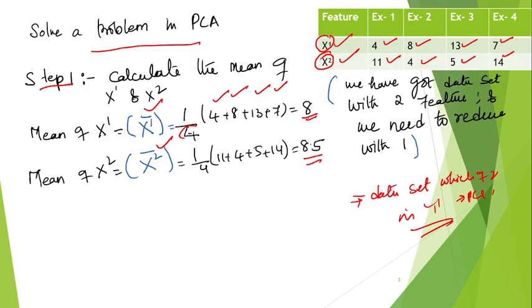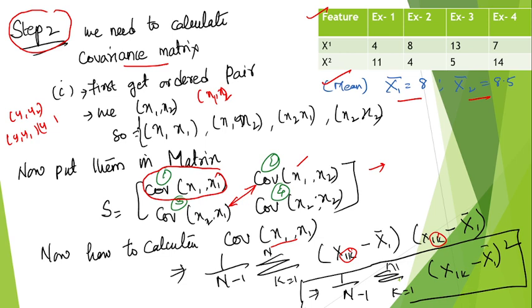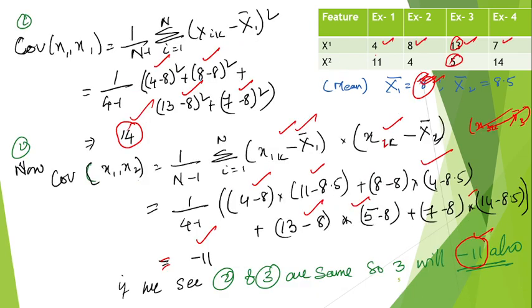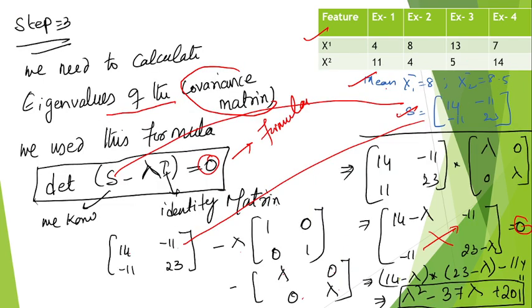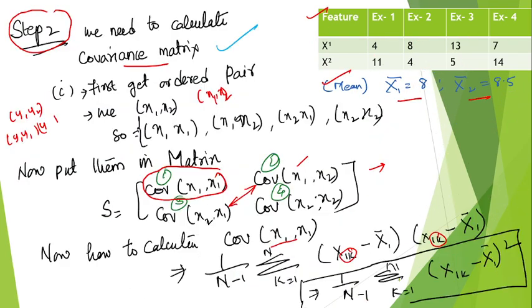Let me revise. First we have to calculate the mean. Second we have to calculate the covariance, correct? With the help of ordered pairs. Third we have to calculate it the same as we have done with the formula. Then the formula is this one, correct? The formula is this one.